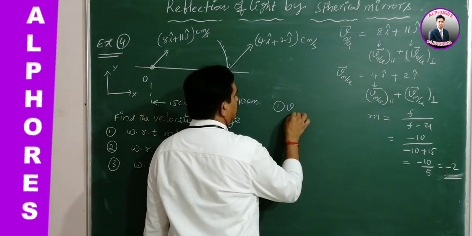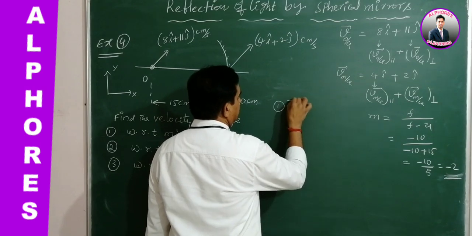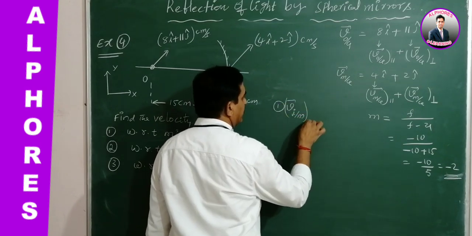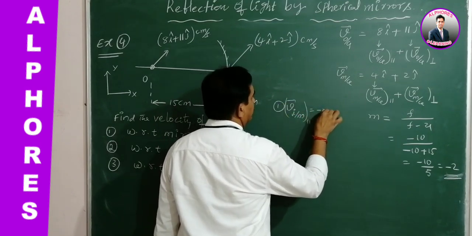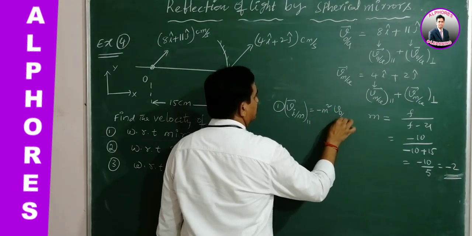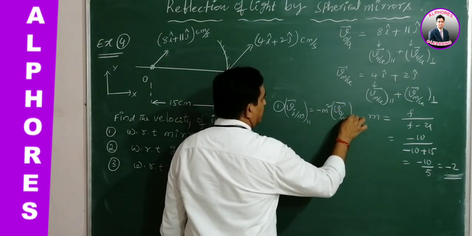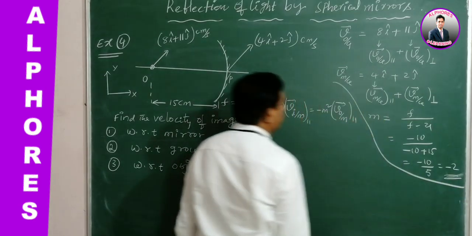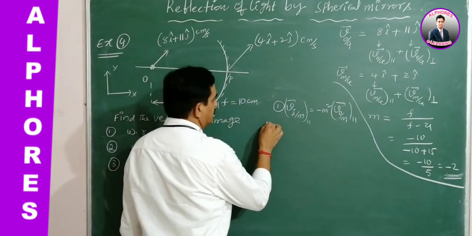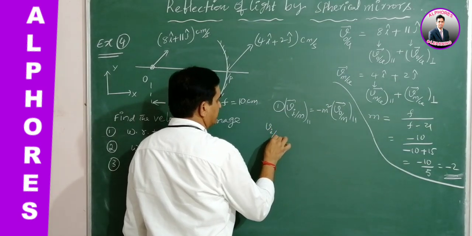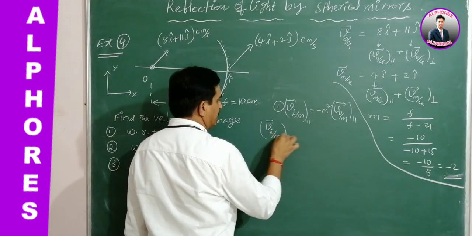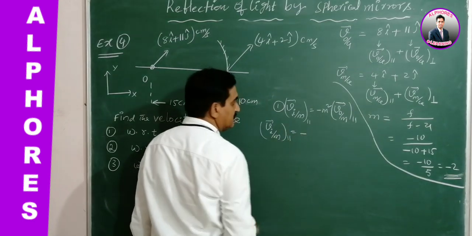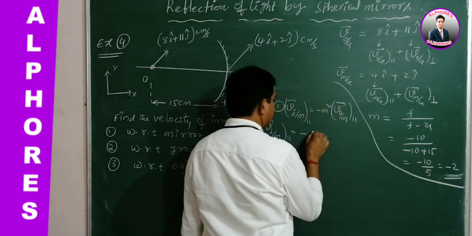Velocity of image with respect to mirror, in parallel direction, is equal to minus m squared times velocity of object with respect to mirror, parallel. Okay. Now substitute: velocity of image with respect to mirror, parallel, equals minus m squared, minus 2 squared.